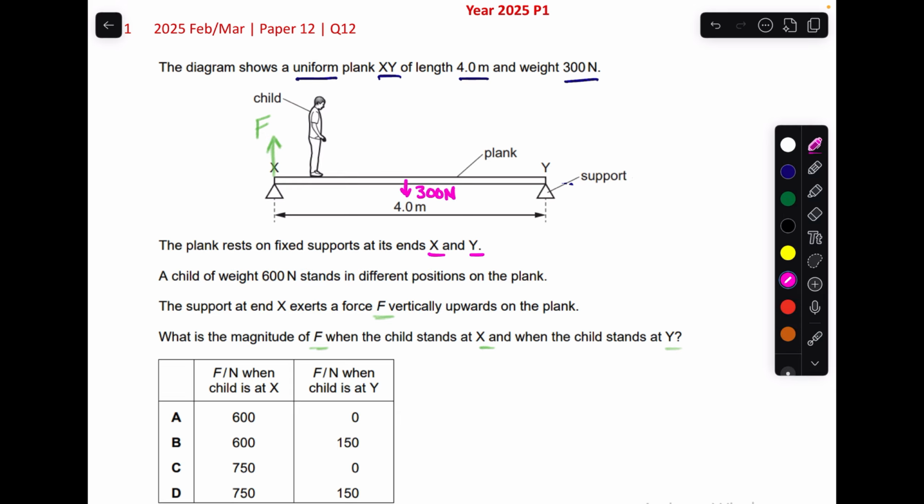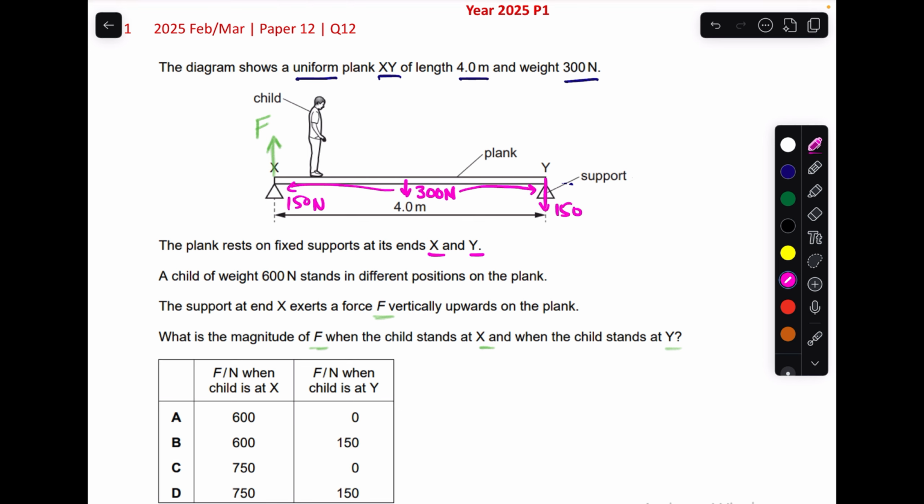As the plank is uniform, its weight will be acting at the middle, and from the middle, this X and this Y both are at the same distance from where the plank is supported. So its weight will be divided. The 150 weight will be acting there, and the 150 weight will be acting there.